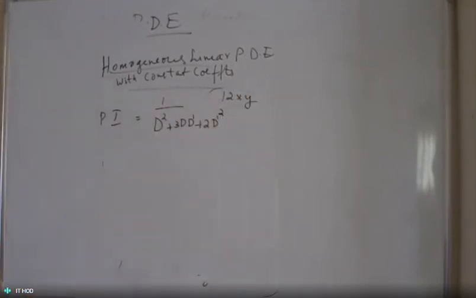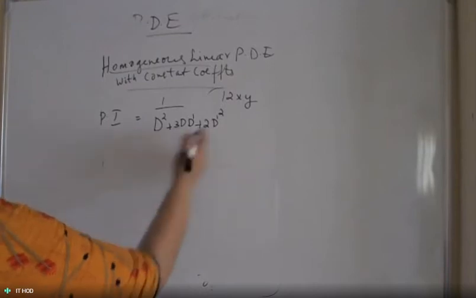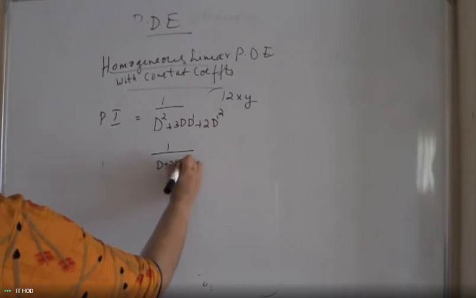So here if it is like this, what you have to do? You have to make this as a linear factors. You can make this as linear factors, so that becomes D plus 2D dash and D plus D dash.